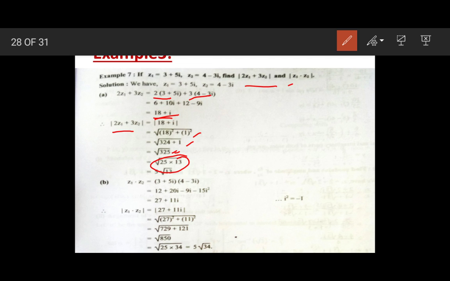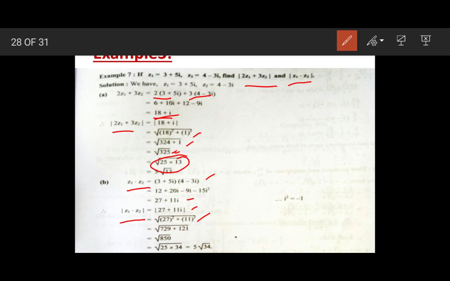Then second is to find mod of Z1 into Z2. First we have to multiply Z1 with Z2. So Z1 into Z2 will give you 27 plus 11i. Then mod of Z1 into Z2 means mod of 27 plus 11i. So root of 27 square plus 11 square.